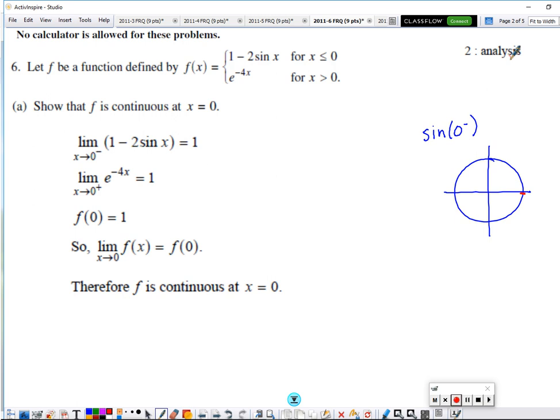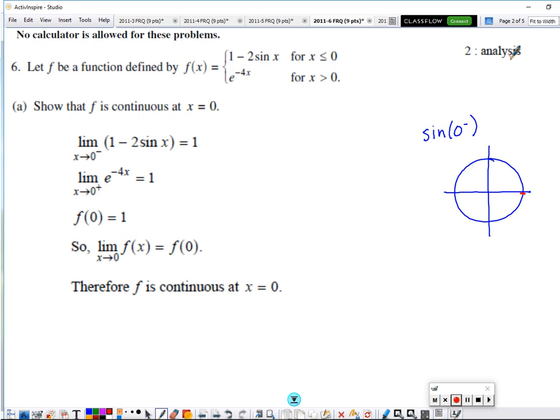Yeah, I know what you mean. The logic is very good. And on a multiple choice, it's perfect. But they want to see those limit statements. They might give you 1, though. I'm not positive, but maybe 1 out of 2.